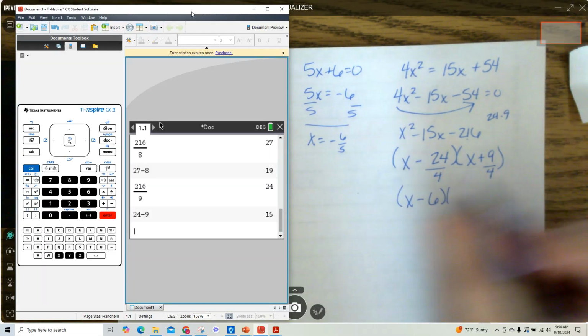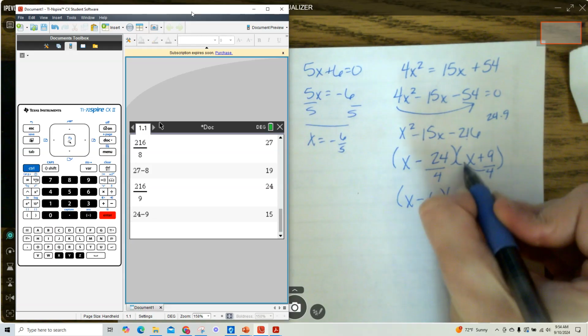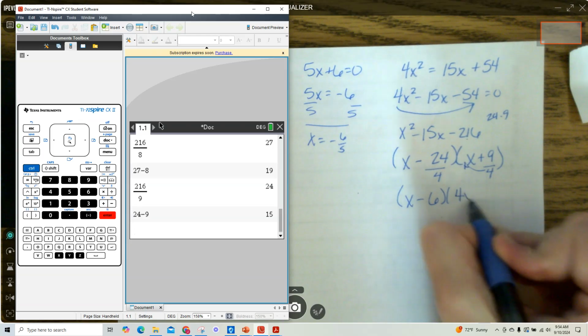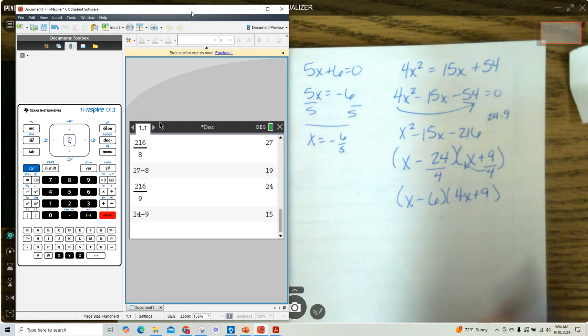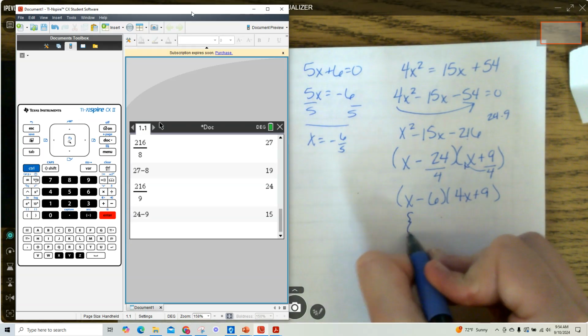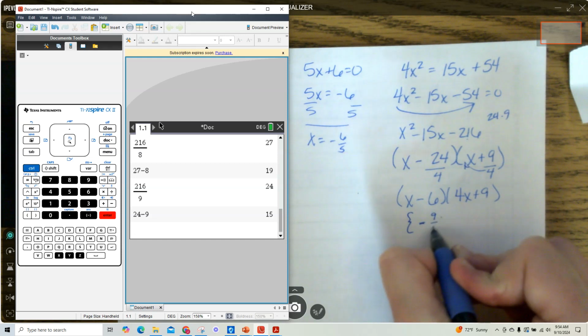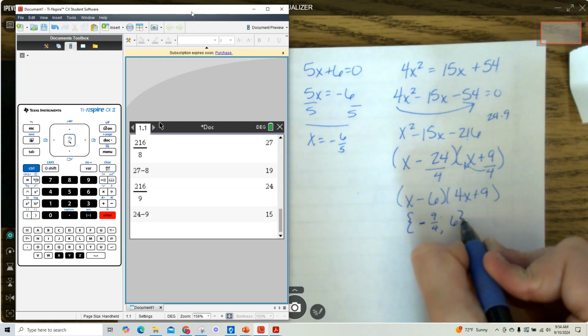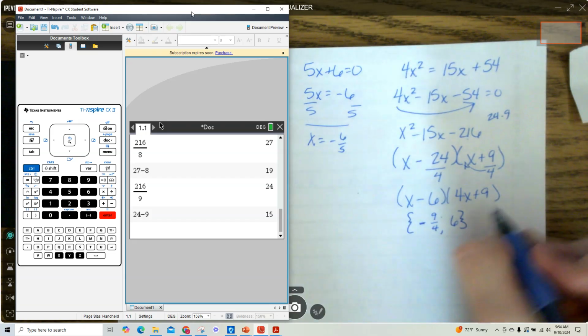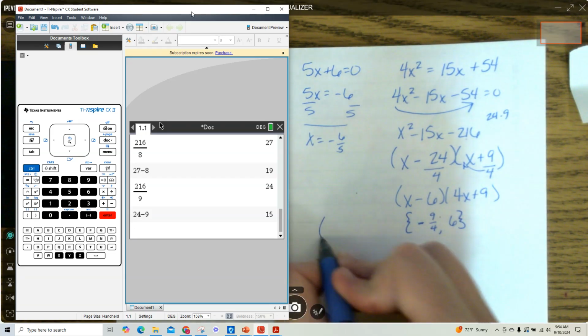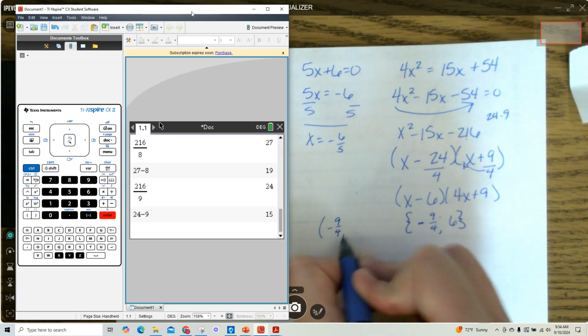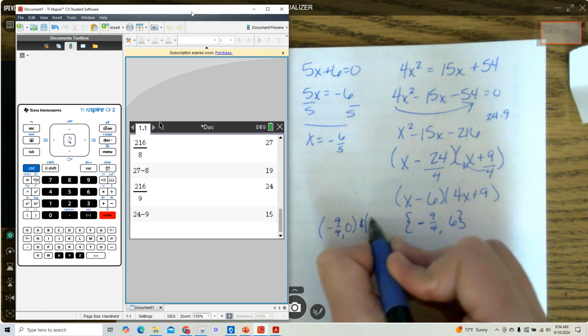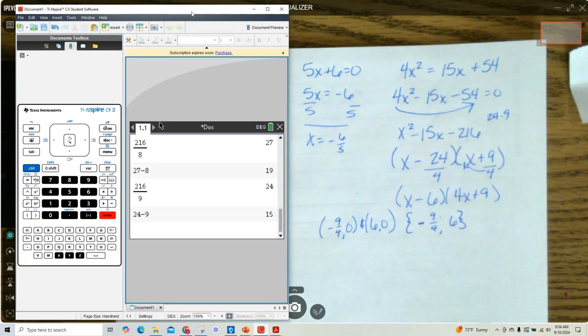So x minus 6. This won't simplify, so we slide 4x plus 9. So my solution set is going to be negative 9 over 4 comma 6. And then my x-intercepts are going to be negative 9 over 4 comma 0 and 6 comma 0.